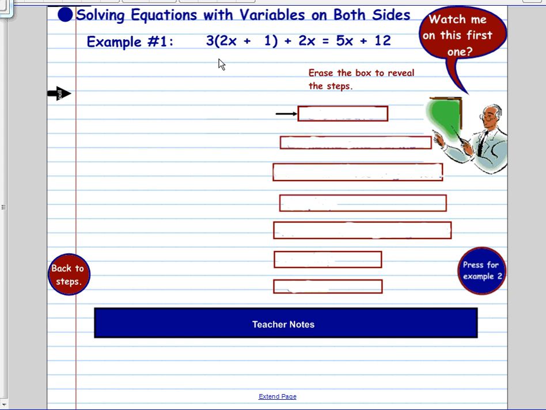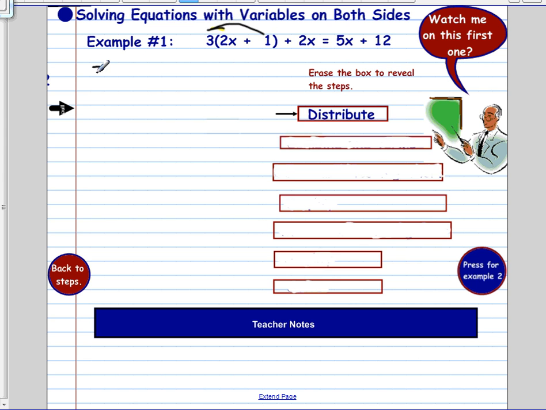So our first example is 3 times quantity 2x plus 1 plus 2x equals 5x plus 12. All right, so we are going to go through. Our first step would be to distribute. So we are going to want to take that and distribute, and distribute.